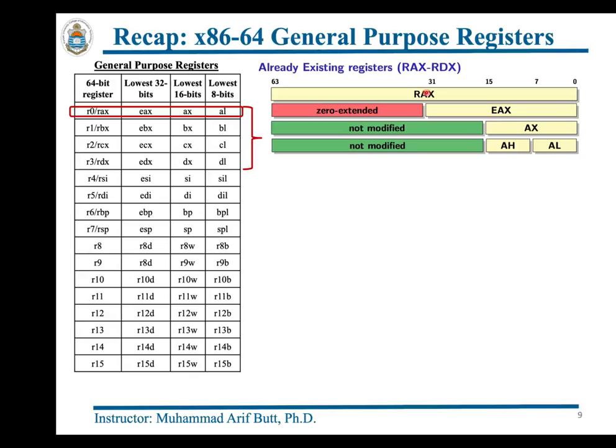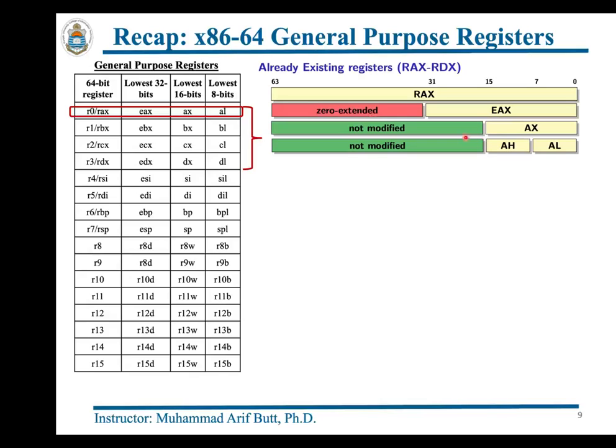Dear students, it is important to note that when you use 32-bit registers like this EAX in 64-bit mode, the assembly instructions will zero out the upper 32 bits as shown over here. However, this does not happen when you use 8-bit and 16-bit registers.